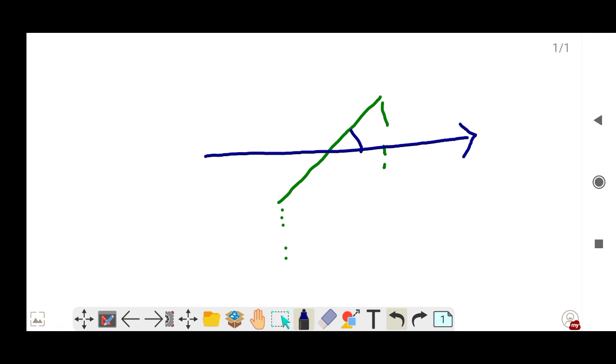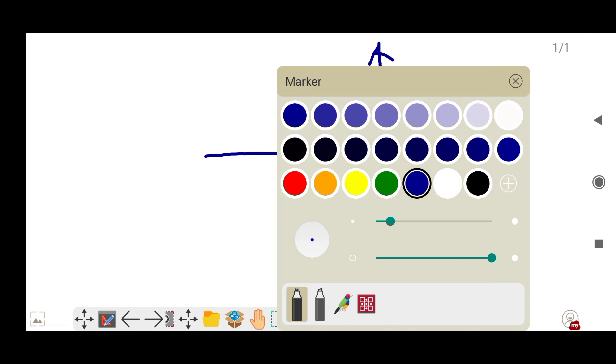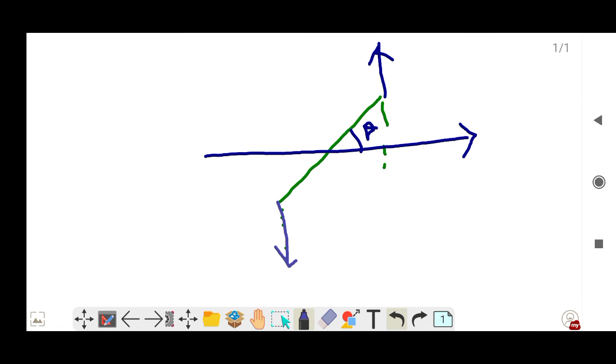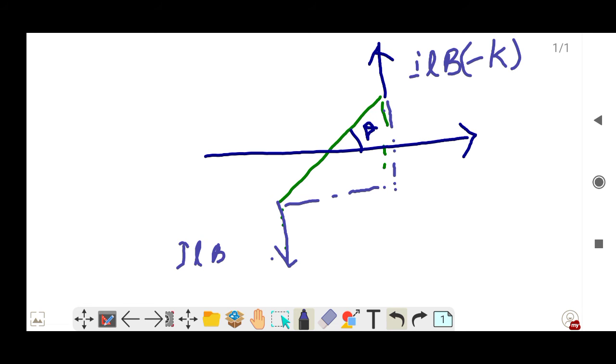This was B, this was theta, the angle. I'm not concentrating on the length right now, but I know that on one length the force was going into the sheet, and on the other length the force was coming out of the sheet. So if I draw this, you can see the two forces: this was I L B, in the direction of minus k, and this is also I L B, but in the direction of plus k, coming out.